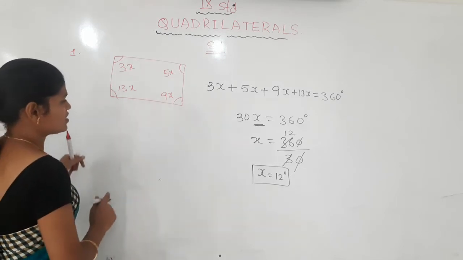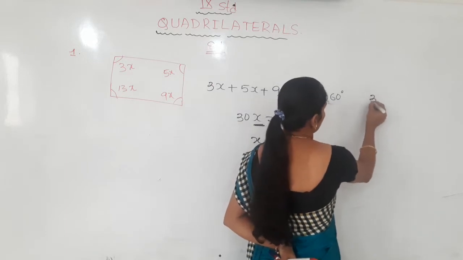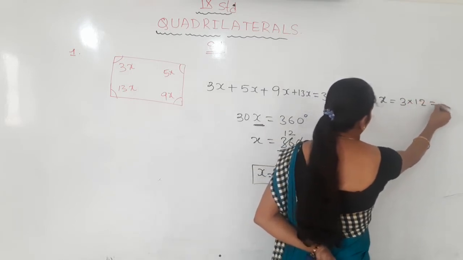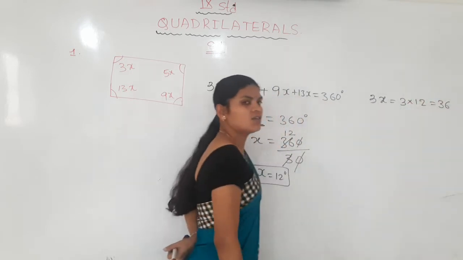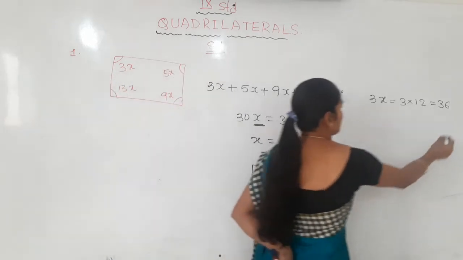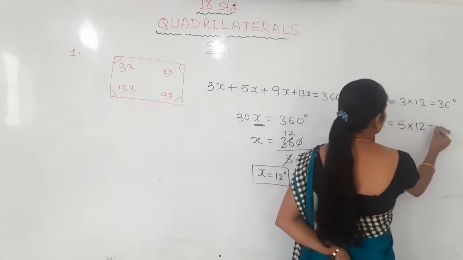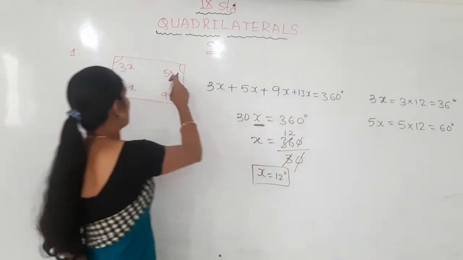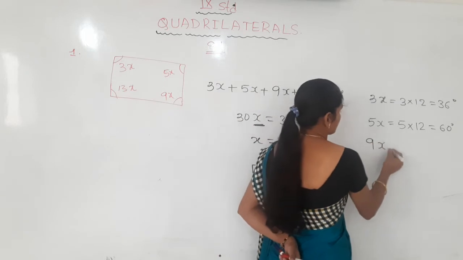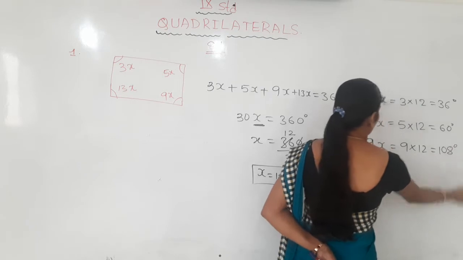Then can we find all four angles of this quadrilateral? Yes. The respective angles are: first, 3 times x. 3 times 12 is 36, so the first angle of this quadrilateral is 36 degrees. Second, 5 times x means 5 into 12, which is 60 degrees. The second angle is 60 degrees. Next, 9 times x, 9 into 12, is 108 degrees.